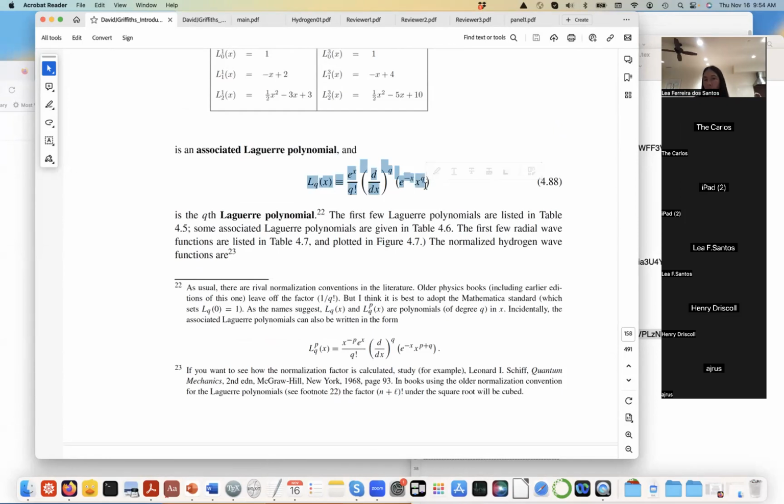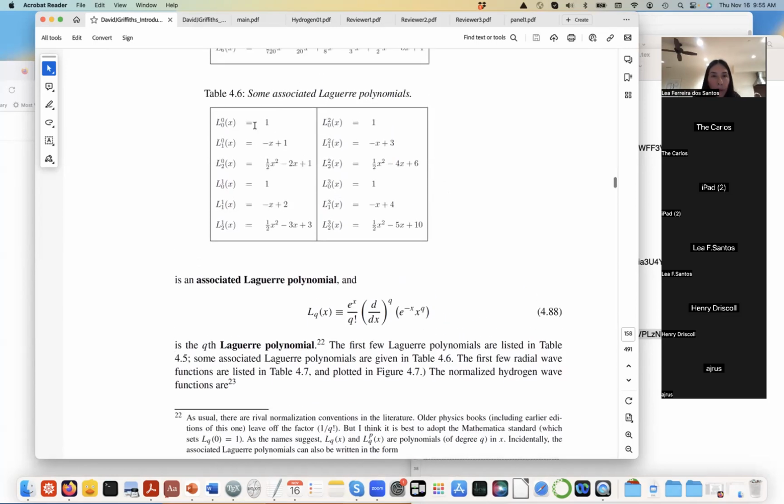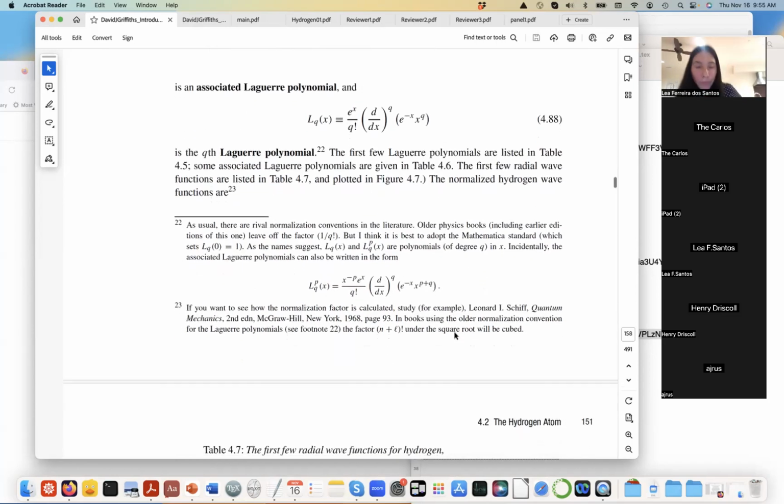It's very similar to what you had before. Of course, the equations are different. Here they are giving us a list of these Laguerre polynomials. And you just substitute the x by the 2 rho. Very well, but that's not why I came to this. I came here to show you the figures.